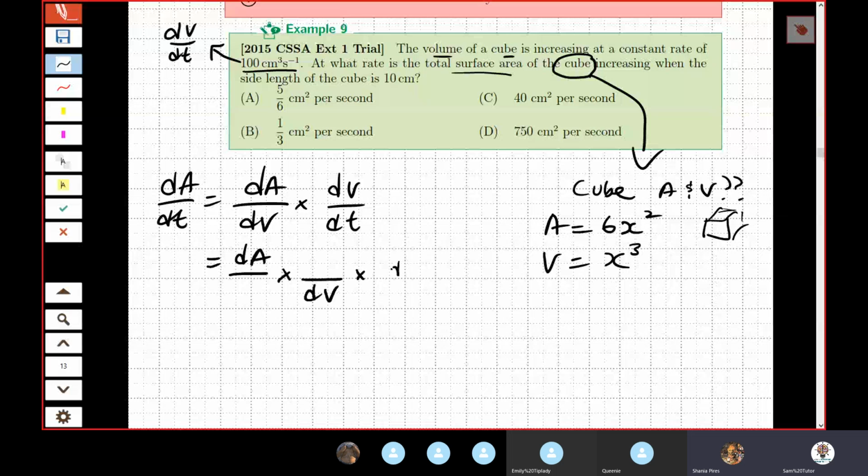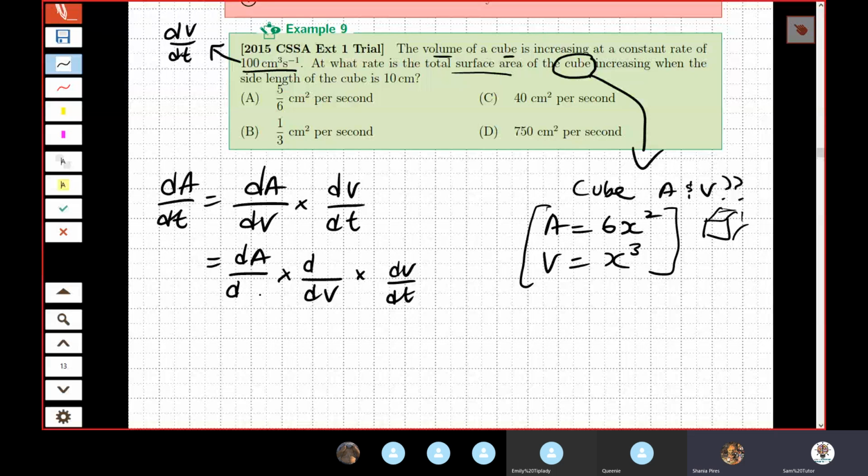What should these two be? Take a guess. dA on dt? No, that means you need A and t. So you're close, but you only need A and t. What have you done here? You found your expressions, and then you go on to eventually differentiate these.